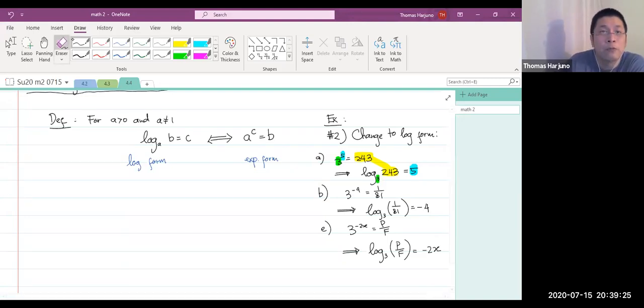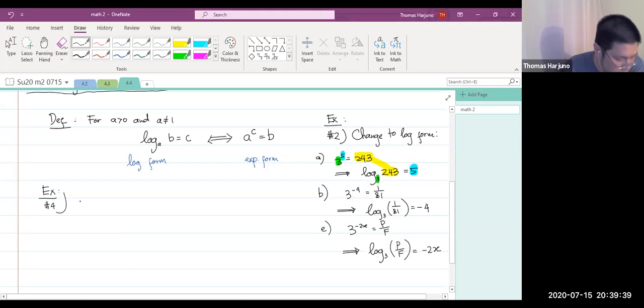Now, how about if we change from logarithmic form to exponential form? For example, number 4, part B. Log base 4 of 1 over 256 equals negative 4.